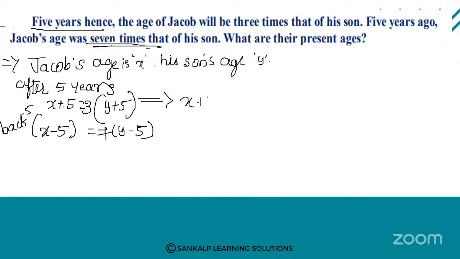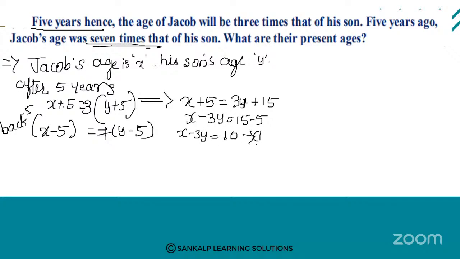This is x plus 5 is equal to 3 into y plus 5, so 3y plus 15. 3 into 5 is 15. Now, transfer this y to this side: x minus 3y is equal to, transfer this 5 to this side, 15 minus 5. Therefore, x minus 3y is equal to 10. So, this is equation number 1.